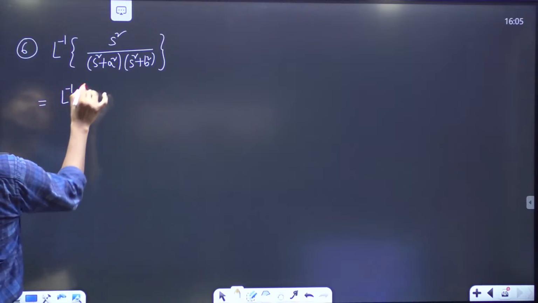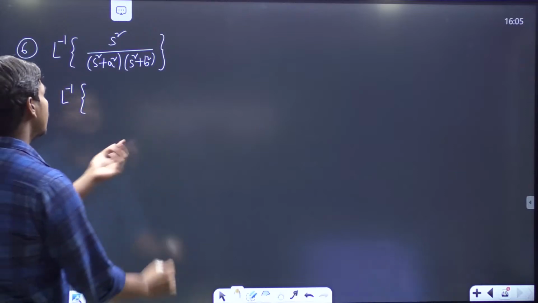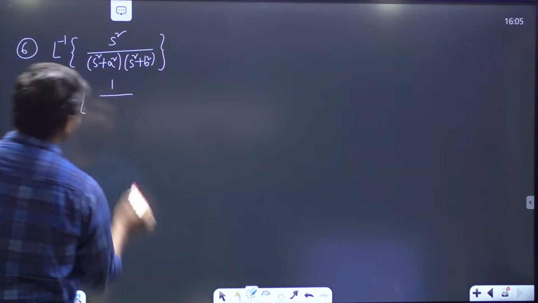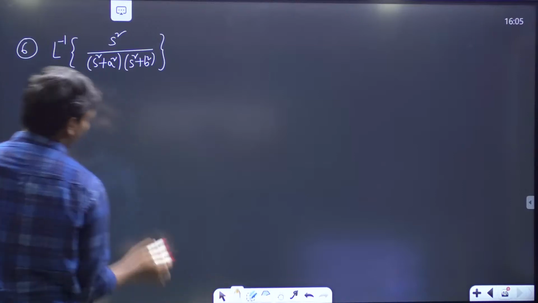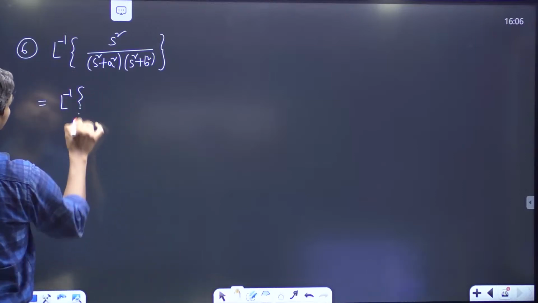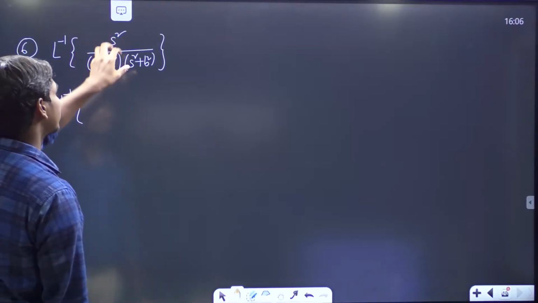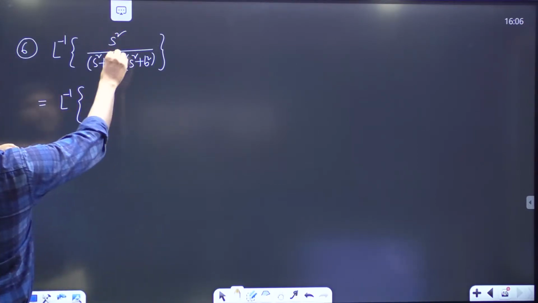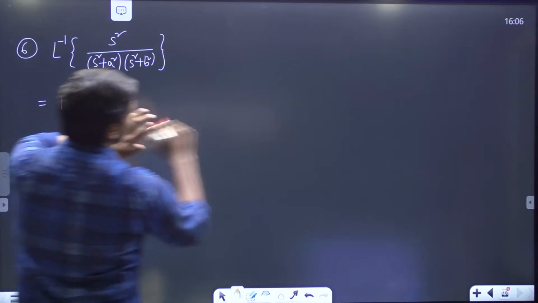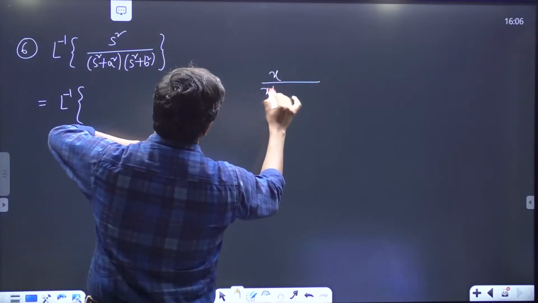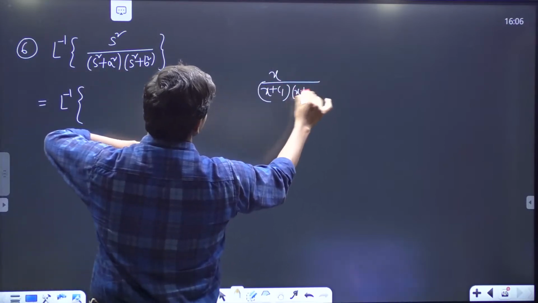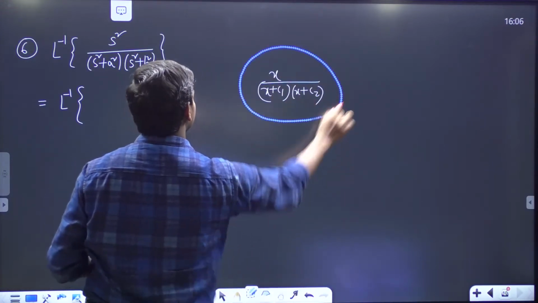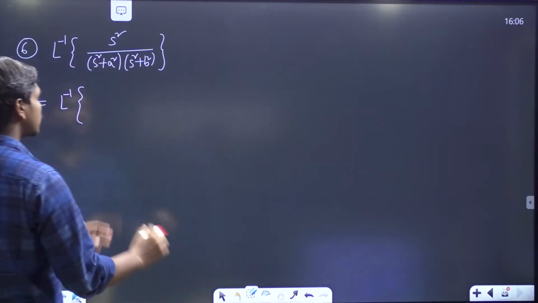So this is Laplace inverse of, see carefully, can we write this as 1 by, look, Laplace inverse of this function s square divided by (s square plus a square)... When you have things like this, like x by (x plus c1) into (x plus c2), you can split it into partial fractions, or if you don't like to split into partial fractions, you can arrange the terms in such a way.